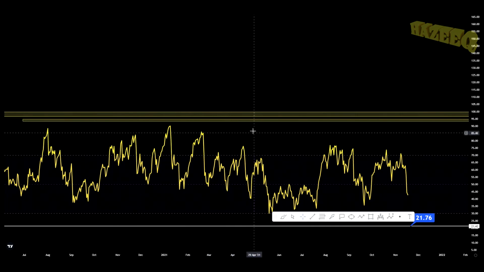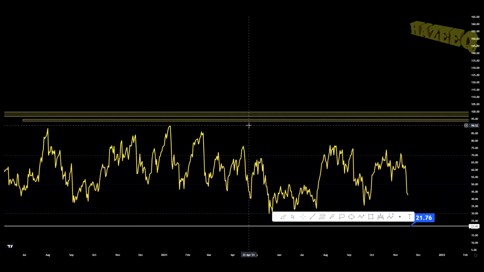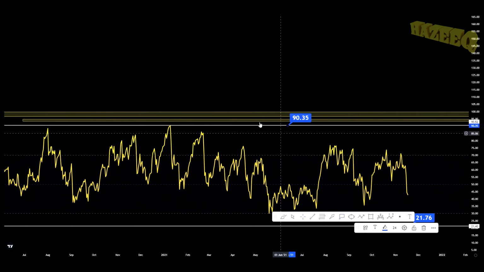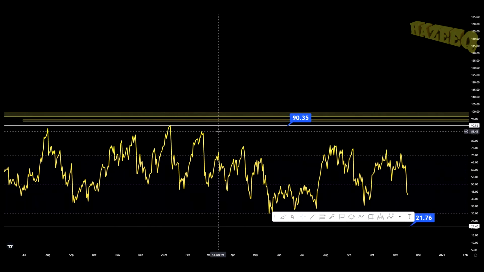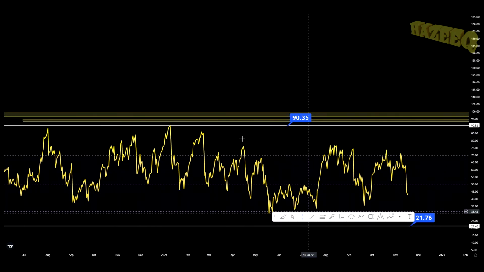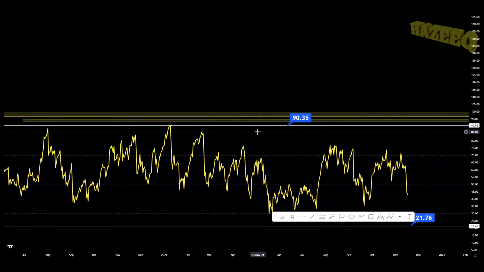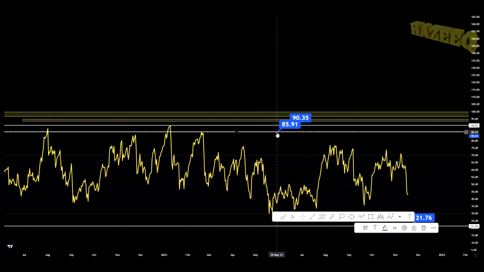And these are the levels that you want to be looking at for the daily chart, right? So if you're on the daily chart, 90 on the index is extreme greed, and that's when you want to be taking profits. Speaking of taking profits, you could look at a lower level on the fib because you never know when you're going to get a pullback. So 85 as well is a nice level that you want to be looking at.